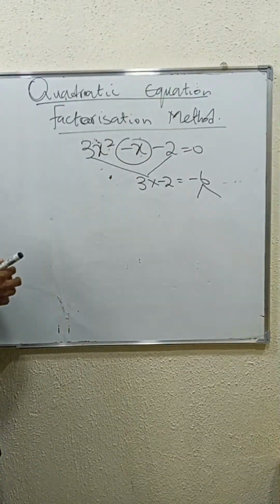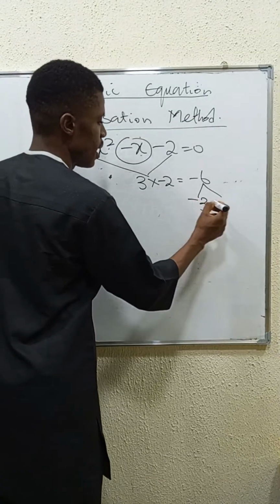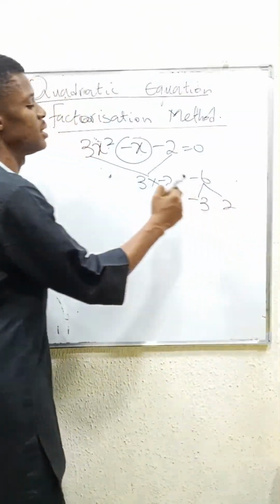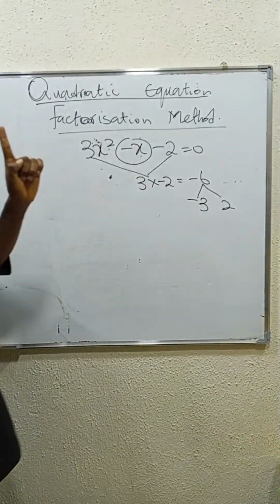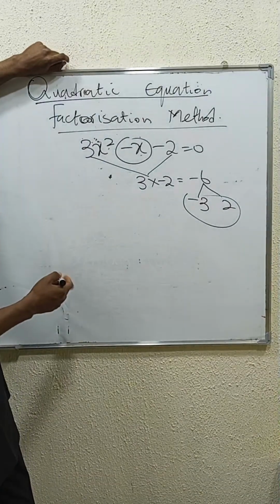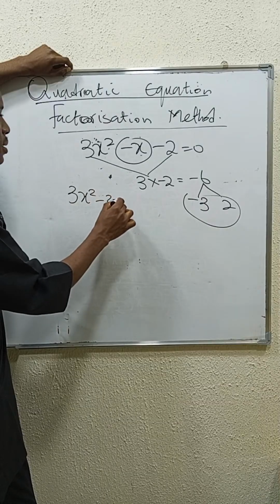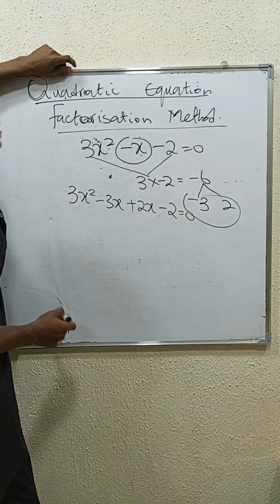It's revolving around minus 3 and 2: minus 3 times 2 is minus 6, and minus 3 plus 2 is minus 1. So we use these factors. If you apply it, you have 3x squared minus 3x plus 2x minus 2 is 0.